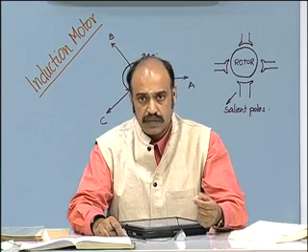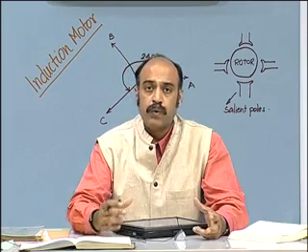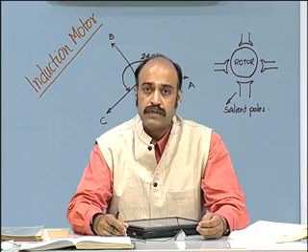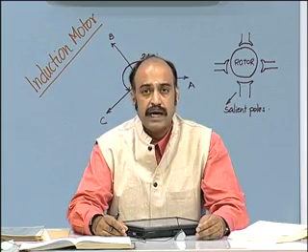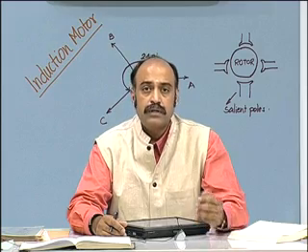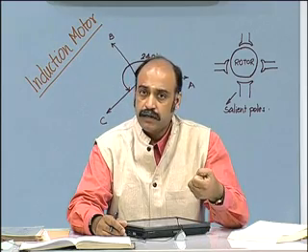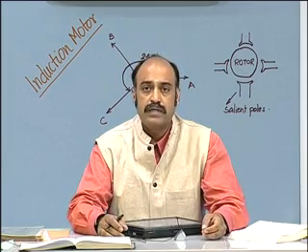The flux will not cut the rotor conductors, so there is no induced voltage and thereby no induced current. If there is no induced current, then the Lorentz force F equals BIL, with I being 0, so there is no force on the rotor conductors and the rotor will tend to lag because of the friction of the bearings.